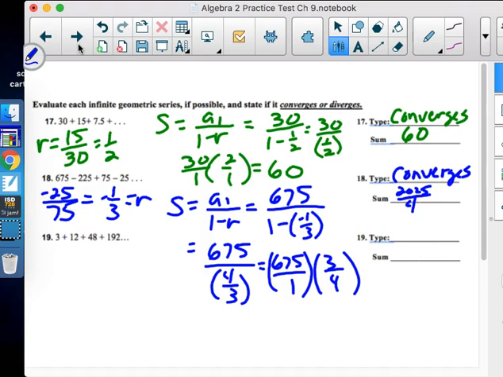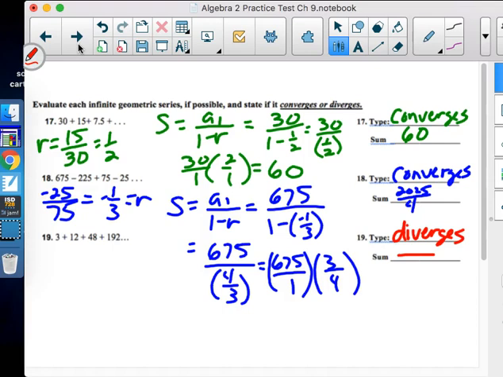Getting smaller? No. Uh-oh. What do we do? No solution. Diverges. We can't find it. Now, we're going to write diverges, and then there's some stuff we can write in the sum. Basically, if you just do this, I'll know that you knew you can't find it.